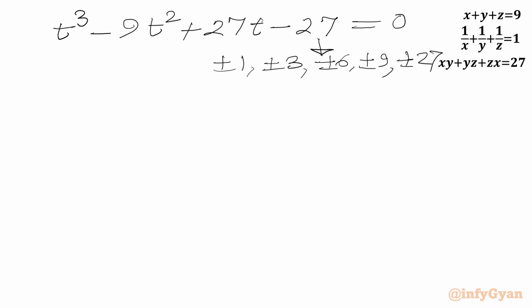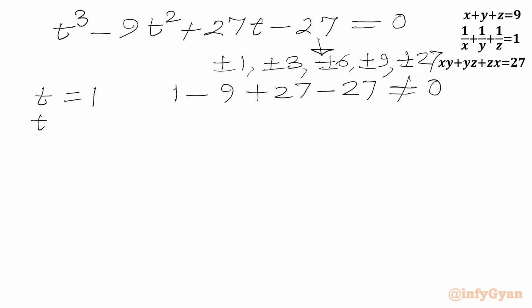Now we have to plug in values of t. Leading coefficient is 1. Let us plug in t equal to 1. So we will write 1 cube is 1, minus 9 times 1 square, minus 9, plus 27 times 1, 27, minus 27. Will it be equal to 0? No. Now we will check t equal to minus 1: minus 1, minus 9, minus 27, minus 27.